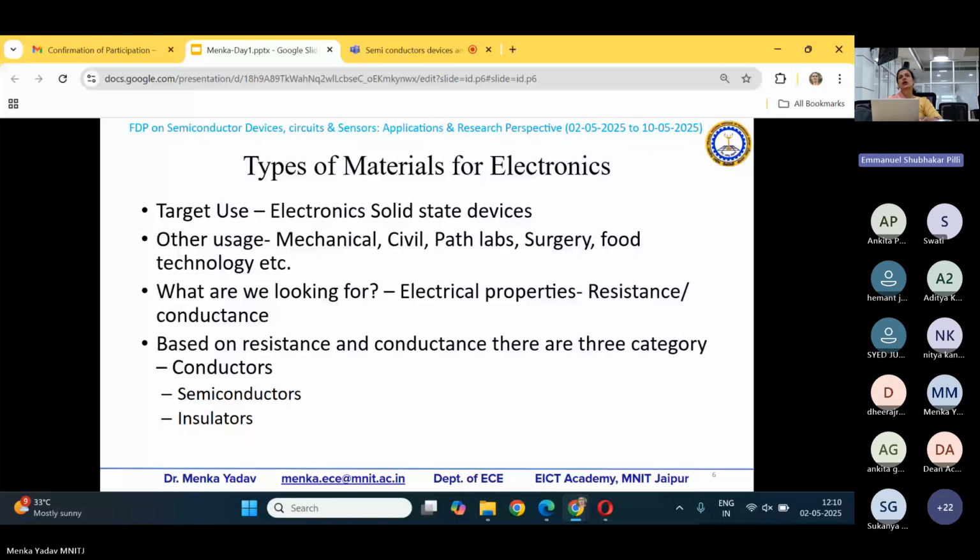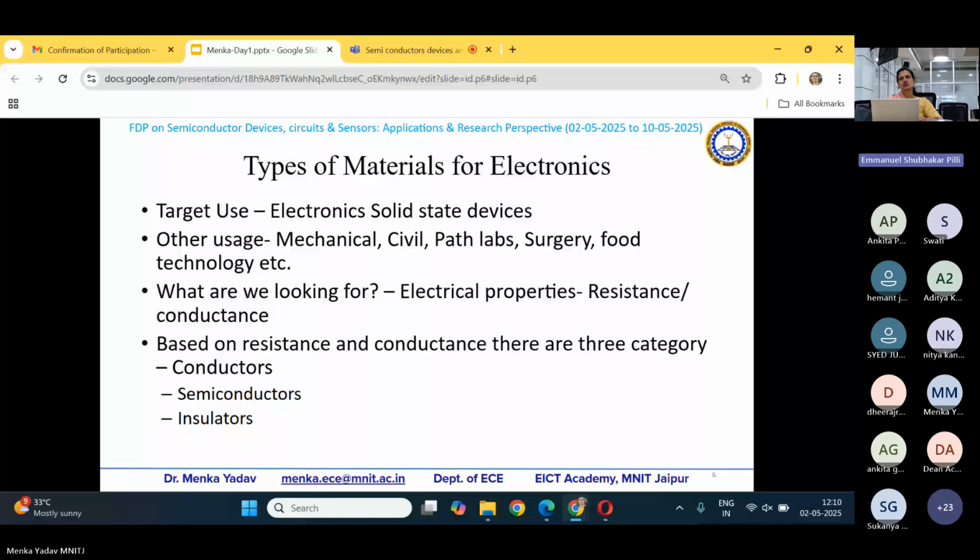In civil, which is related to infrastructure, we consider insulation, how it works with the environment, and load bearing capability. We will go with those types of materials.